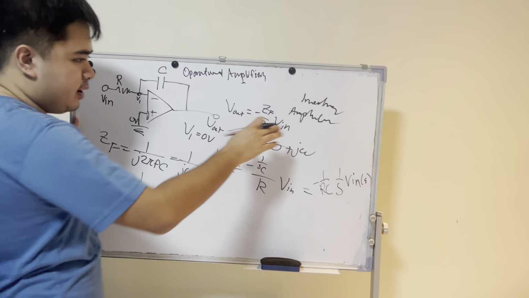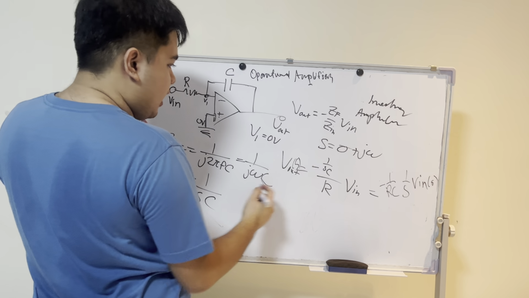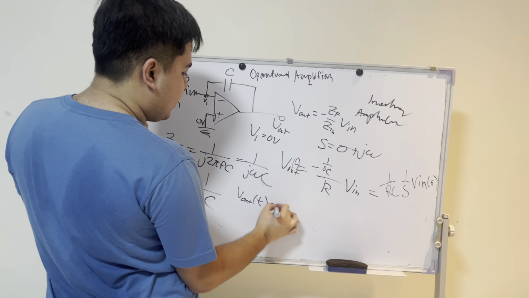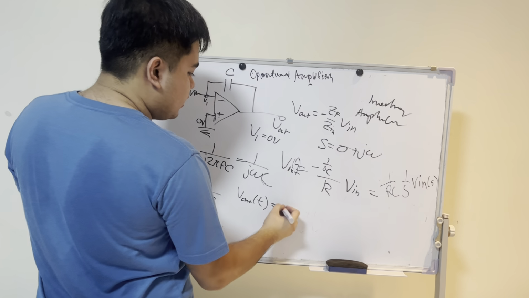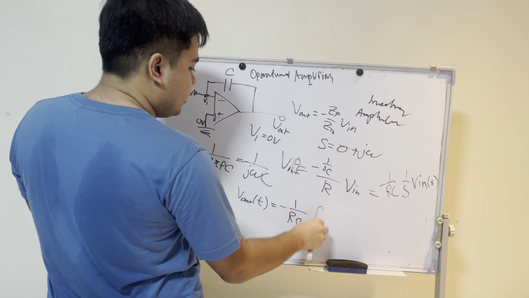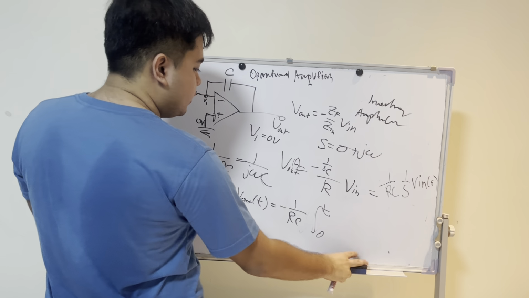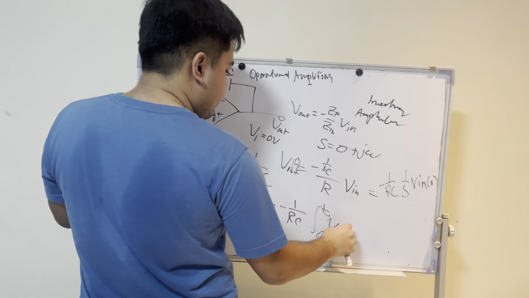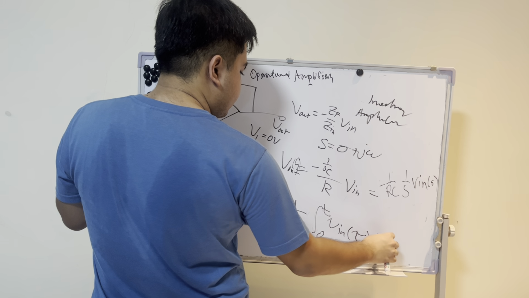So, going to the time domain, V out of t now becomes negative 1 over RC, integral from 0 to t, that is the input t, V in of dummy variable tau d tau.